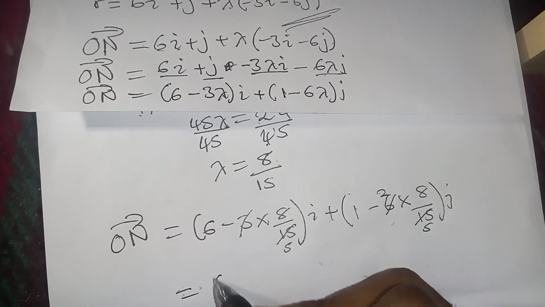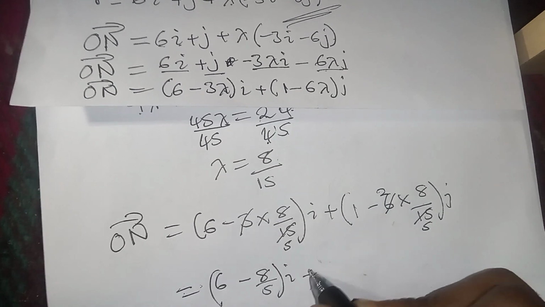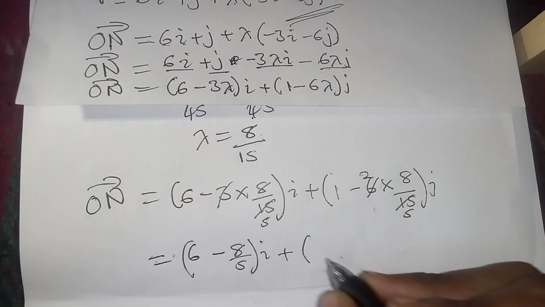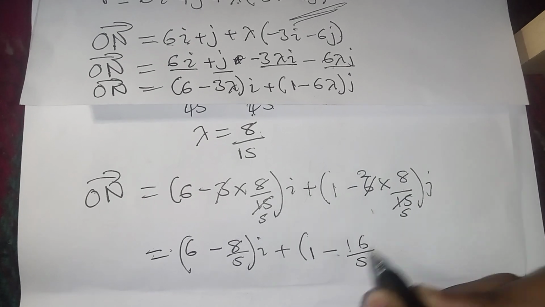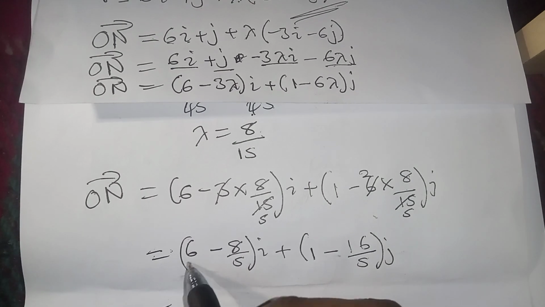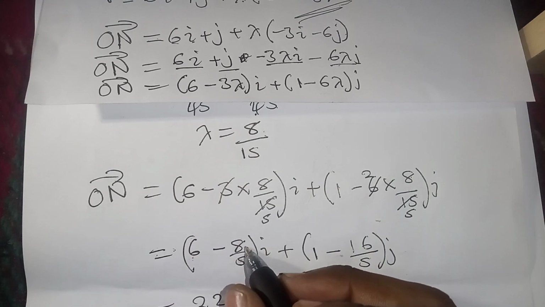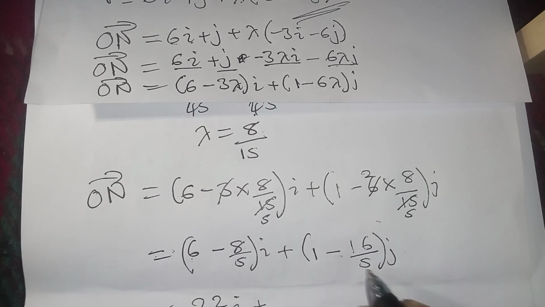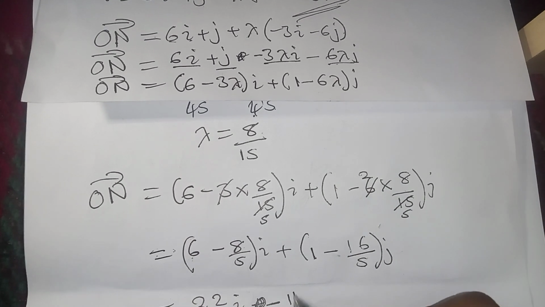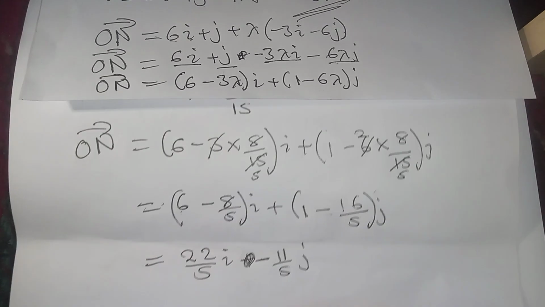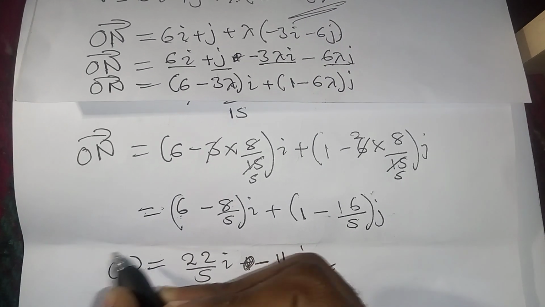So we can say we have 6 minus 8 over 5 i, being added to 1 minus 16 over 5 j. So when you subtract these, you have 22 over 5 i, and then plus this is actually a negative number, negative 11 over 5 j. So this is the position vector of ON, and you're done.